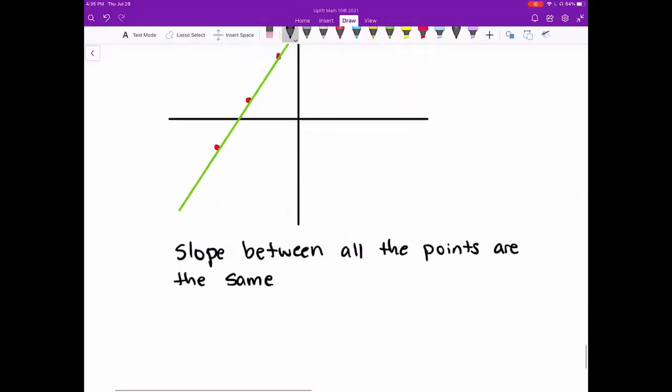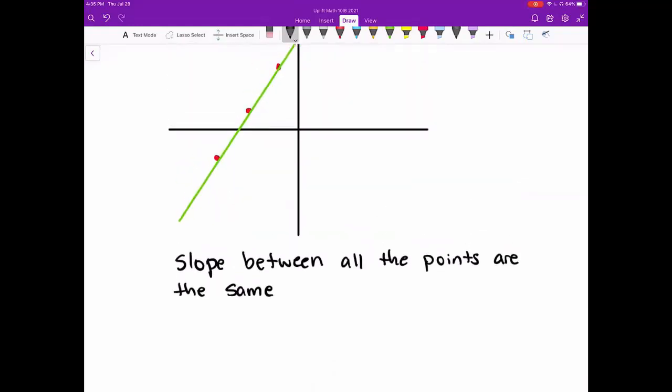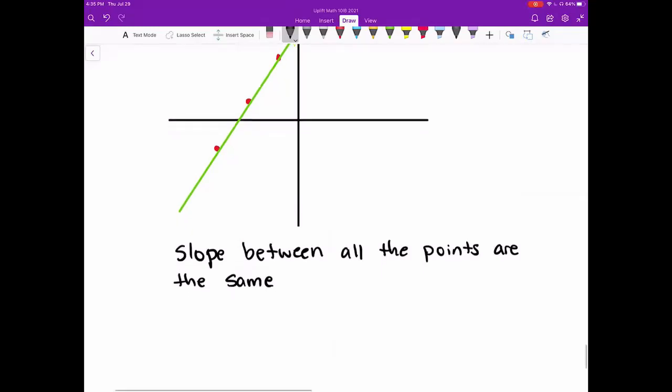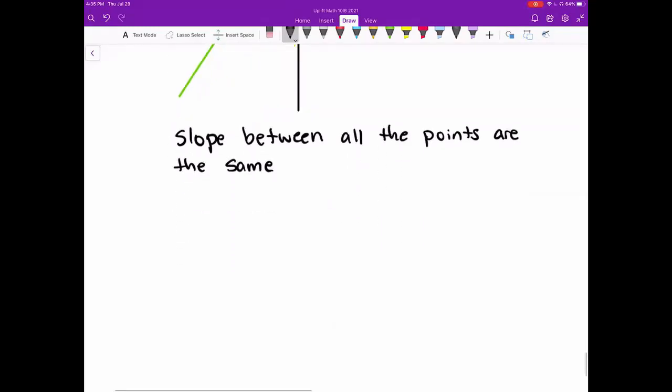So how you would determine if 3 or more points are on the same line, or collinear, is you would simply find the slope between each 2 consecutive points and see if they equal each other. So we can do a simple example.